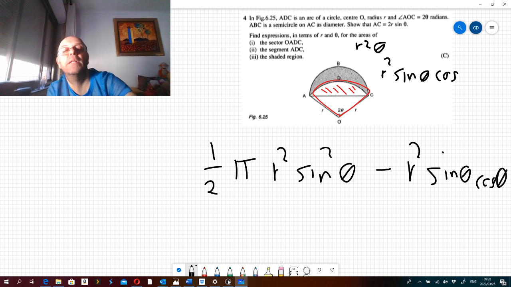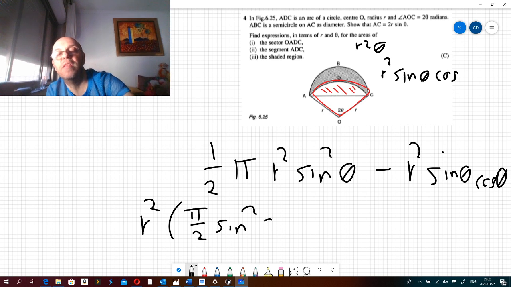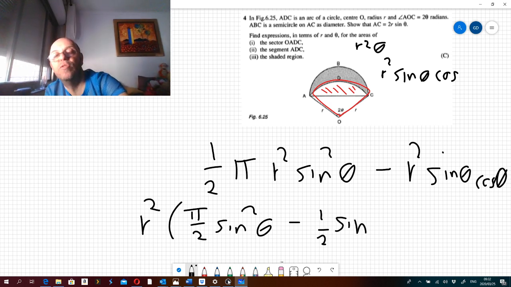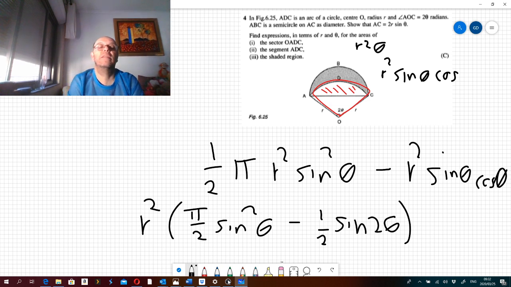So we could factorize r squared out because that's common to both, and we're left with the half pi, which I'll put at the top here, so pi over 2 sine squared theta minus, and remember we had a half sine 2 theta if we used our identity, which I'm going to use here because I think they'll probably leave it like that. That then is an expression for the shaded region.